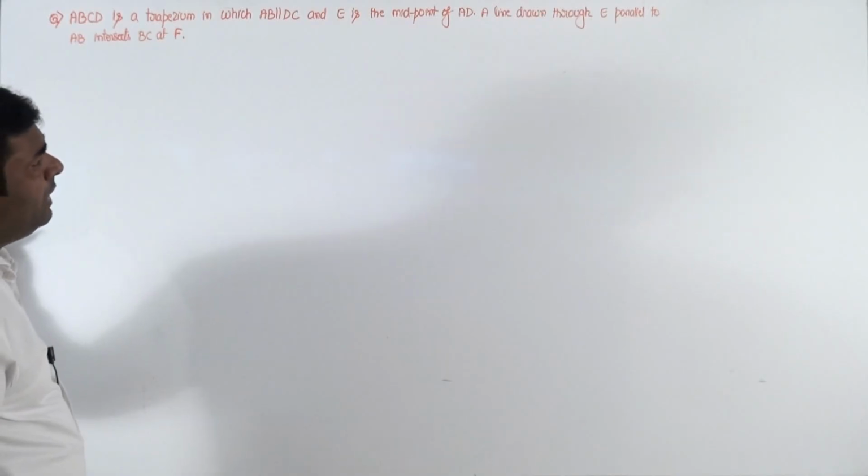E is the midpoint of AD. A line drawn through E parallel to AB intersects BC at F.